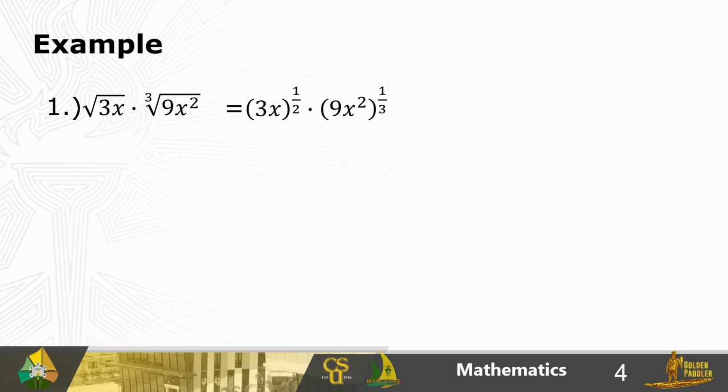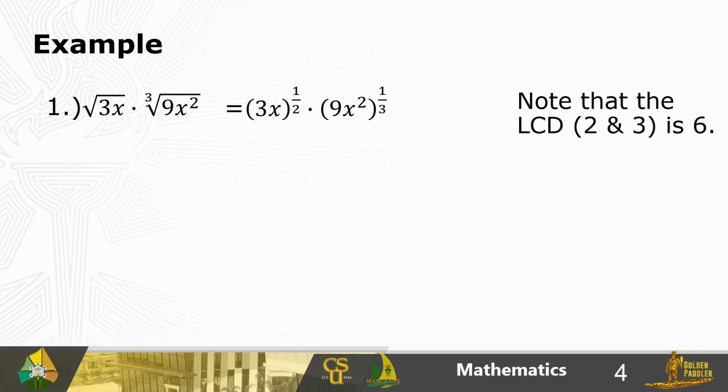In order for us to have the same index in this problem, we have to find the LCD of the indices. The index of the first term is 2, while the index of the second term is 3. So note that the LCD, or least common denominator, of 2 and 3 is equal to 6.